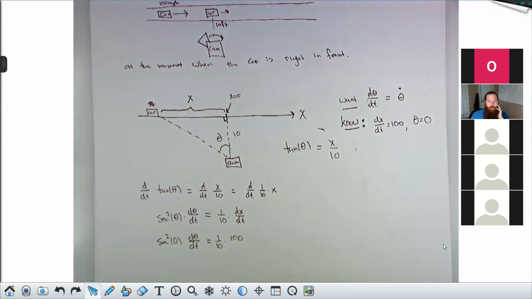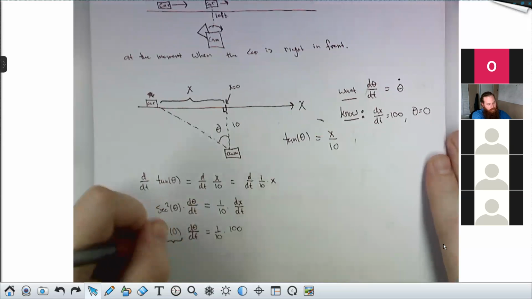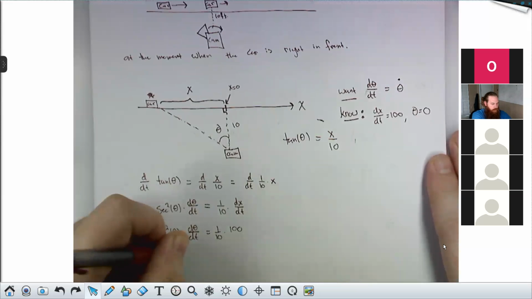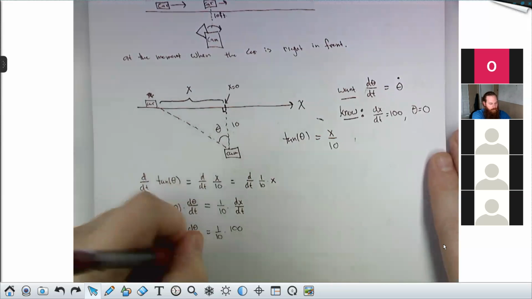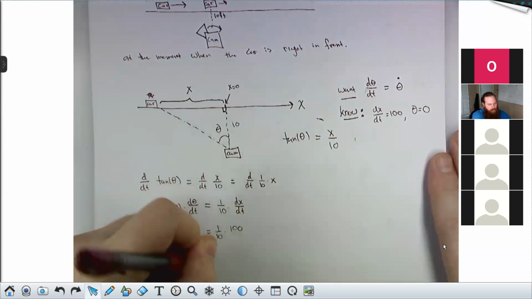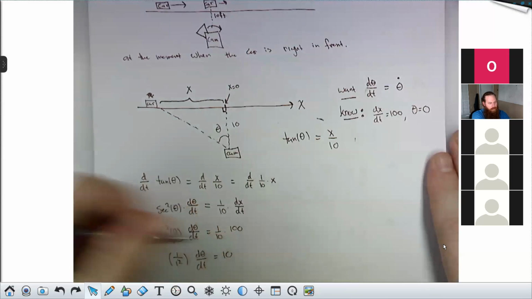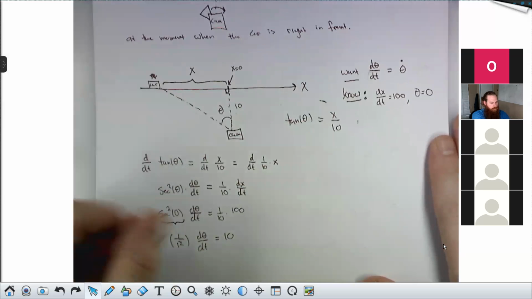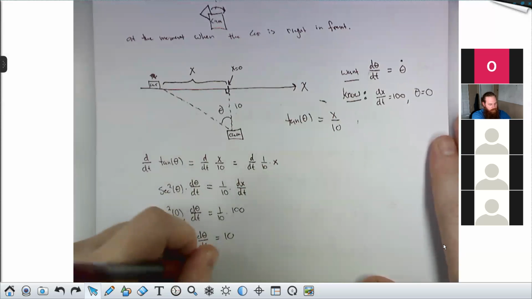Yeah, cosine of 0 is 1. So secant of 0 is 1 over the cosine of 0. That's 1 over 1. So secant squared of 0 is the square of 1 over 1, which is 1. So this piece is 1 over 1 squared, but times d theta dt equals 1/10 times 100, which is 10. 1 squared is 1, so this is just the same as saying d theta dt equals 10.